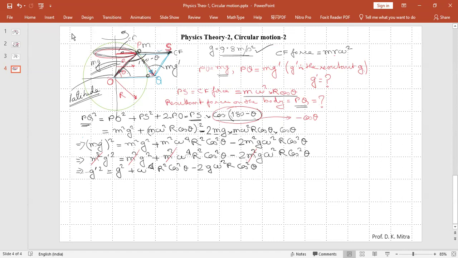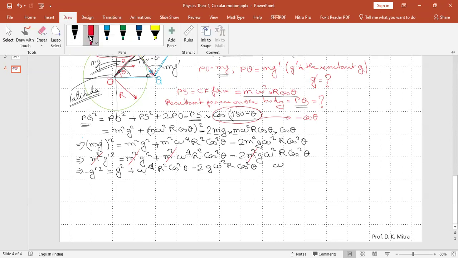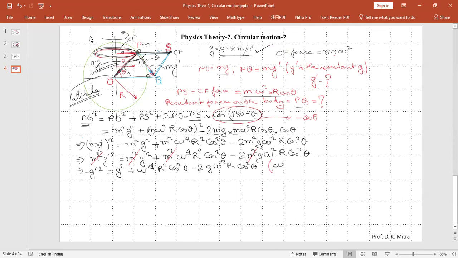Now the point is, this value of omega, that means angular velocity of rotation of the earth, is of the order of 10 to the power minus 4 radian per second.